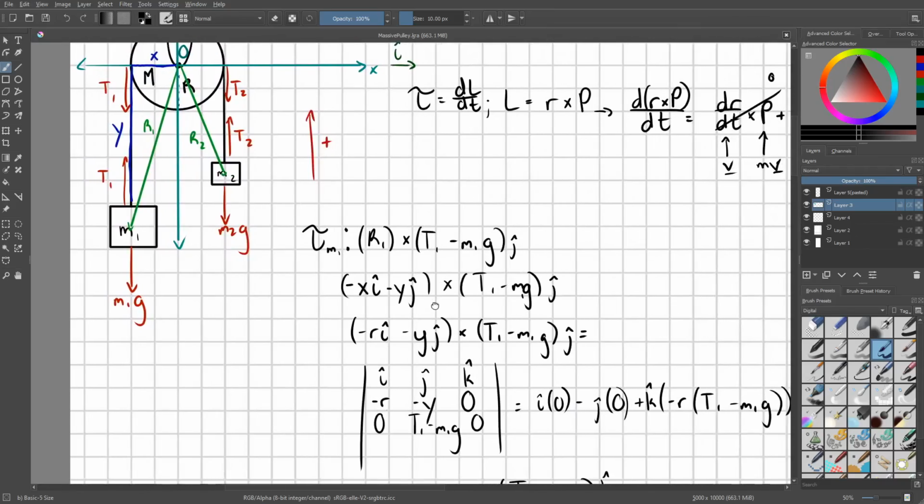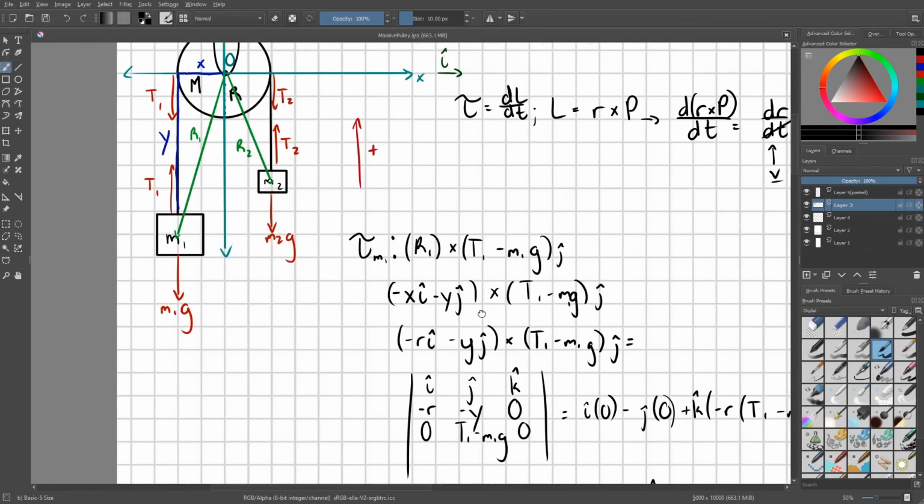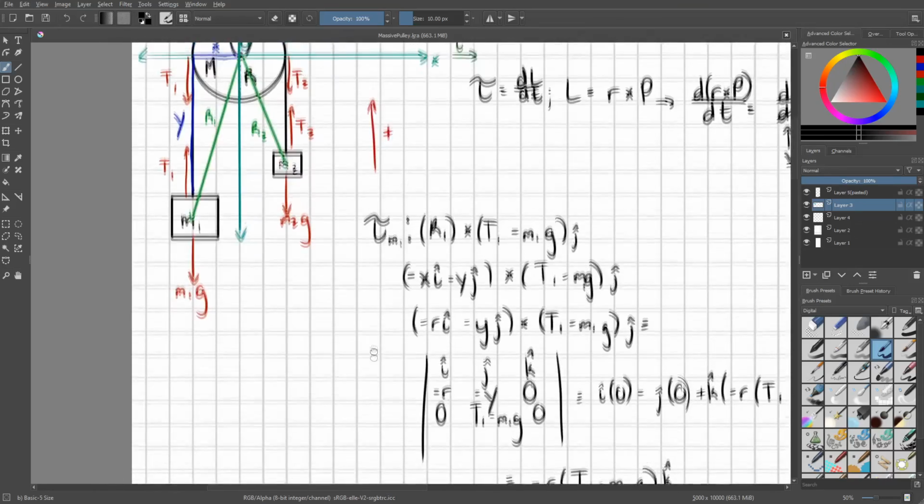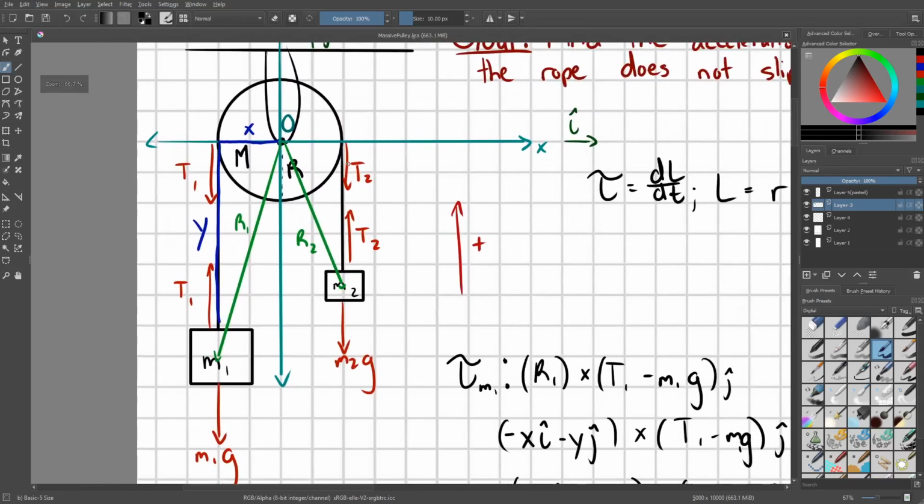Okay, let's go ahead and do the same thing for M2. And instead of xy, I'll just call these, actually let's do this in pink.